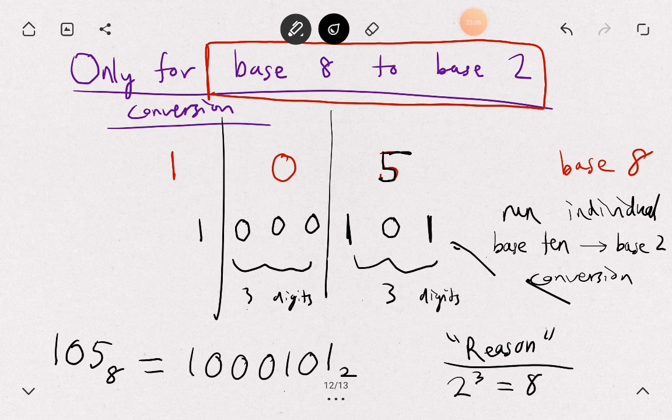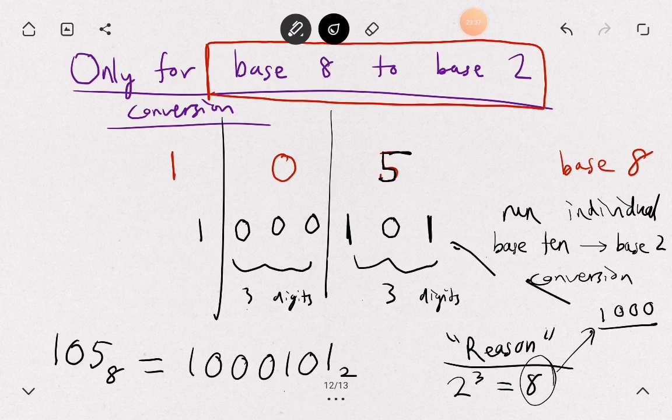And 8 in the decimal system is the first number where, how do you write 8 in binary? You write 1000. So this is the first number with 4 digits. So all the numbers that are under 8 will have a maximum of 3 digits.